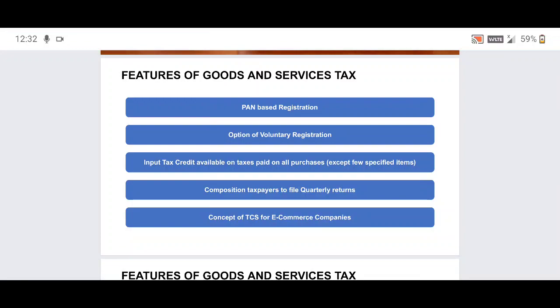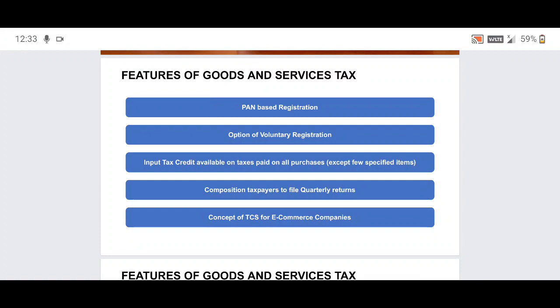If you don't have a valid PAN, I'm sorry, friends, you cannot obtain a GST registration number. For the purpose of obtaining a GST registration number, PAN is a must-have requirement.